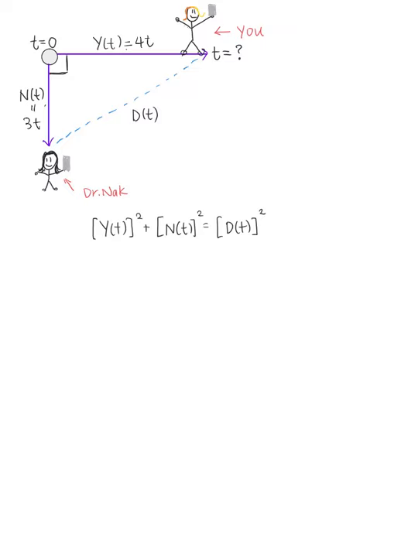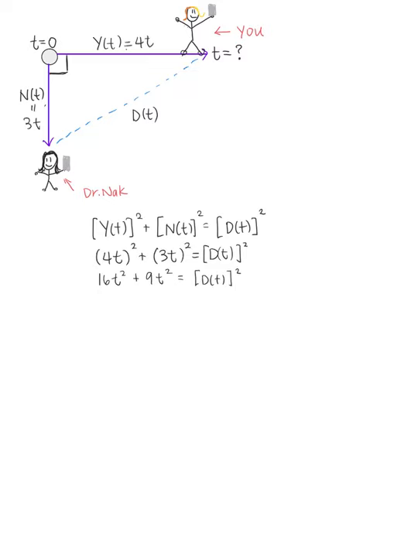You're going to have 4t squared plus 3t squared equals d of t squared. Now let's compute this. We're going to have 16t squared plus 3 squared, which is 9t squared, equals d of t whole thing squared.